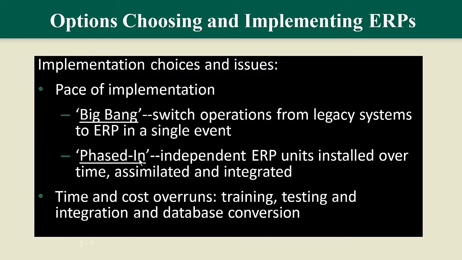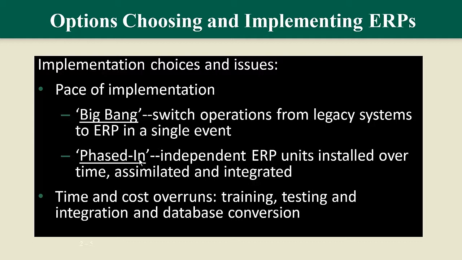There are some implementation choices that also have to be made. One is the pace of implementation, Big Bang versus phased in. Big Bang is where you switch operations from your prior system, the legacy system, to the ERP system in one single event. Phased in is where independent ERP units are installed over time, assimilated and integrated.